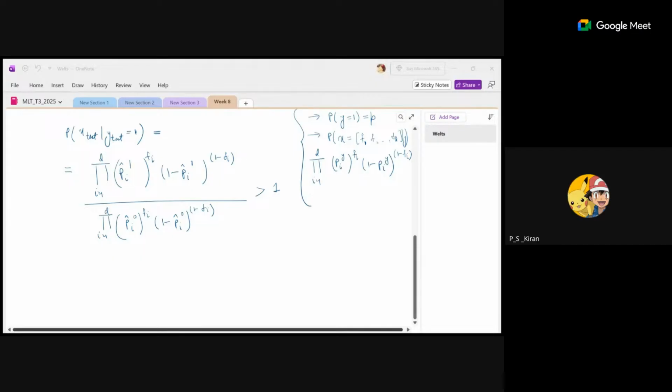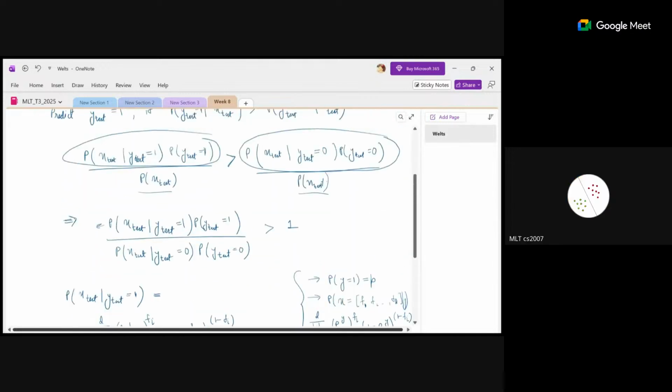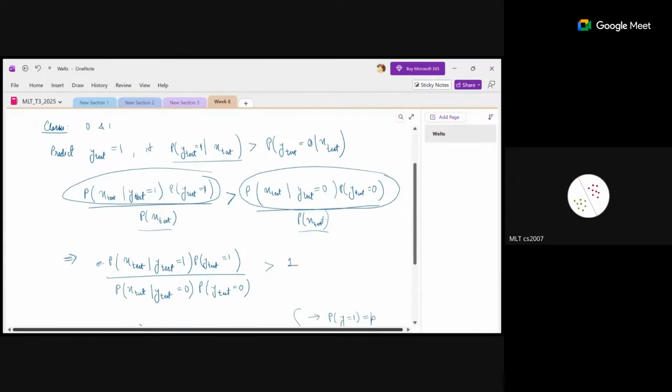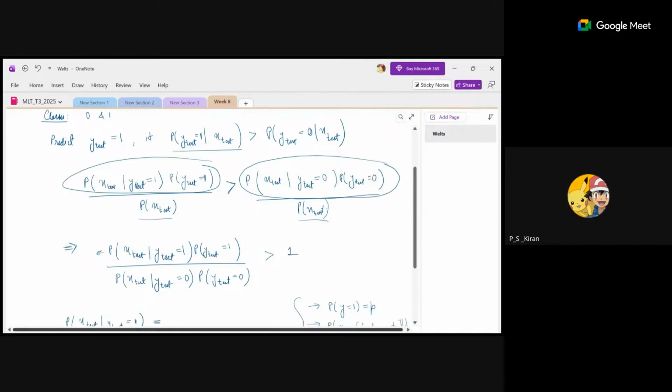You are saying it should be greater than one. Can you scroll up a bit? Okay, we're saying we predict y test to be one if this probability is greater than that for y test equal to zero. Yeah, this is fine, okay.